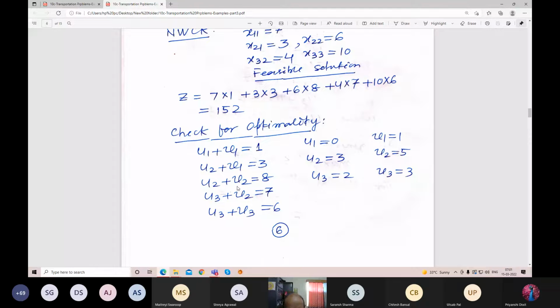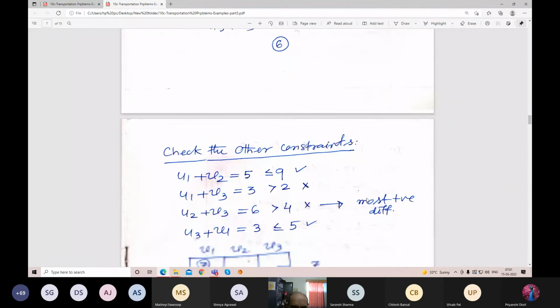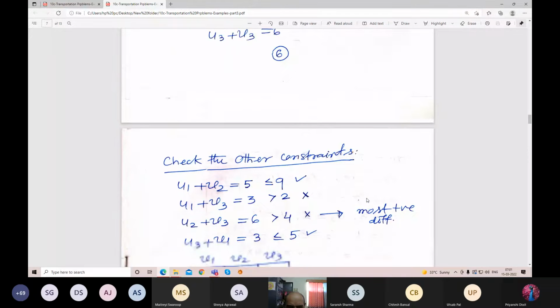Similarly, U2 plus V2 equal to 8. Once you have got U2, we can find V2. In this manner you can complete all these things. Some mistakes are there. Once you have got the values of U1, U2, U3, V1, V2, V3, we'll check in this case.